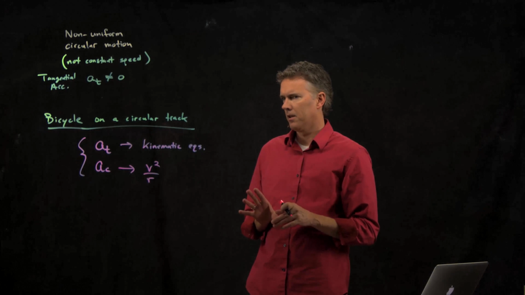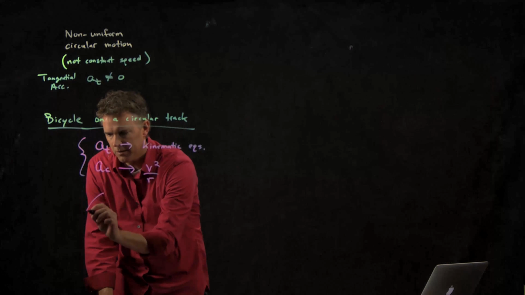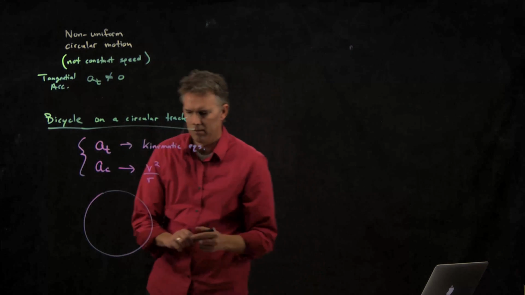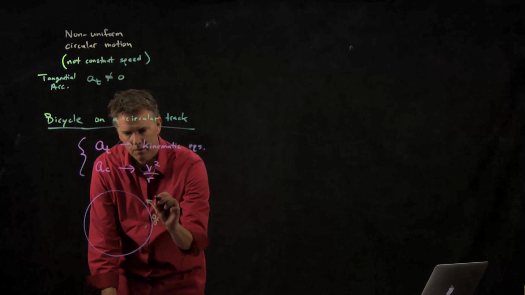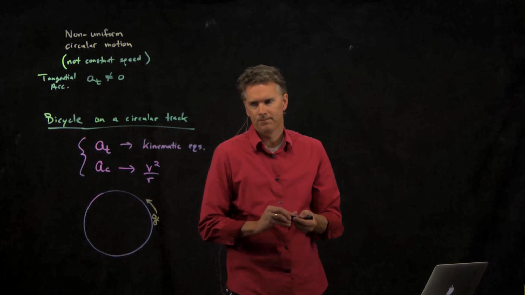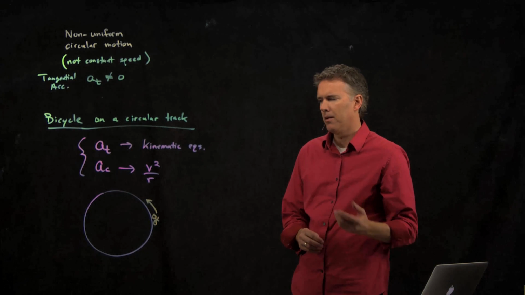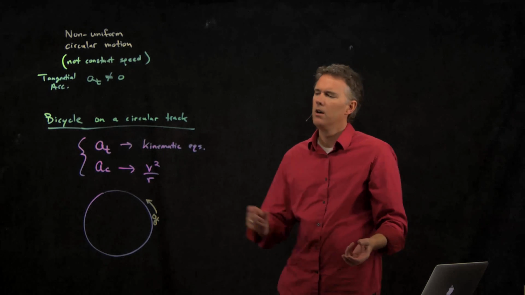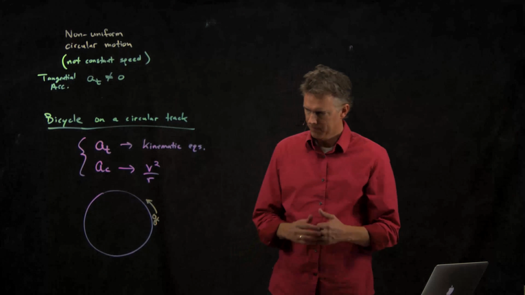All right, so let's think about the bicyclist on the circular track. Here is the circular track, and we have a bicyclist that is racing around. Here's my bicycle, person going around. And we need to figure out something about the net force or the net acceleration on the bicyclist after they make one full rotation.